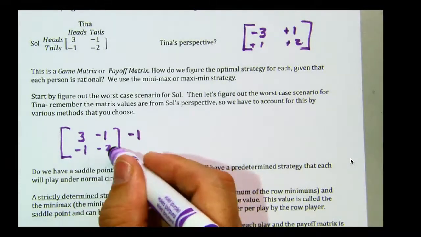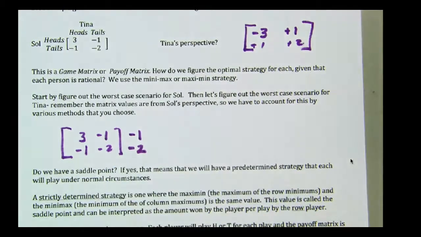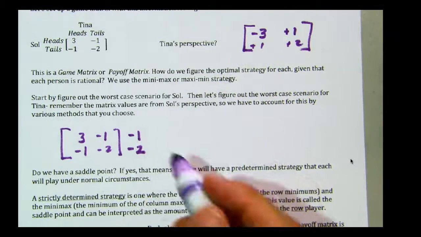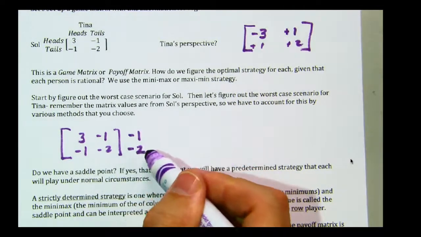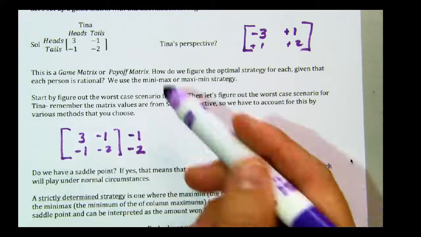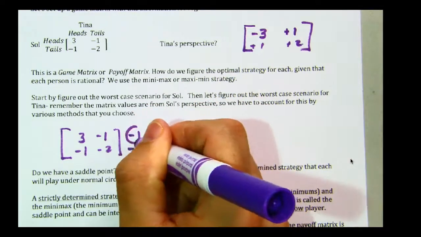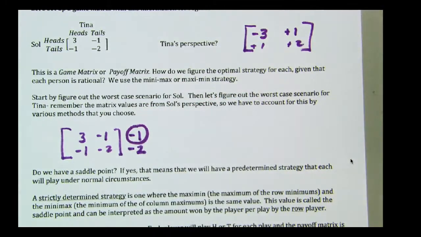And then I look here, and what's the worst case scenario for Saul here? Well, that would be -2. Now what we want to do is figure out the best of those two, because then I can determine if I'm going to play heads or tails. The best of these two from Saul's perspective would be the -1.